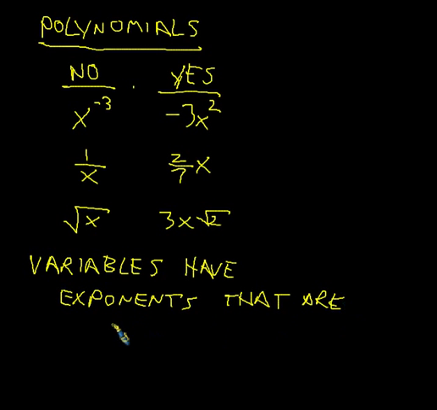That's an important concept. Whole numbers are numbers like 0. You can have x to the power of 0 in a polynomial. That's just fine. You can have 1, 2, 3, 4, 5, 6, any of those numbers, but we cannot have negative numbers as exponents, we can't have variables in the denominator, and we cannot have variables under radical signs.